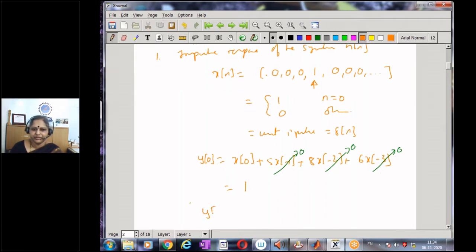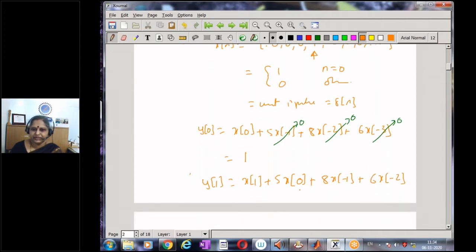let me compute y of 1. To compute y of 1, I put n equal to 1 in the difference equation, and then I get x of 1 plus 5 x of 1 minus 1, that becomes x of 0, plus 8 x of minus 1 plus 6 x of minus 2.